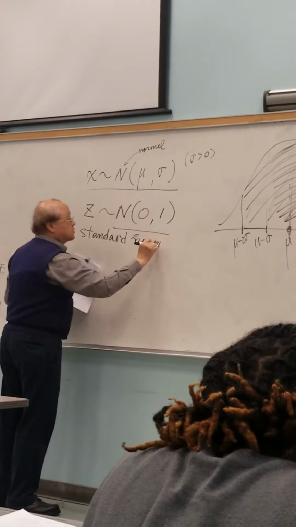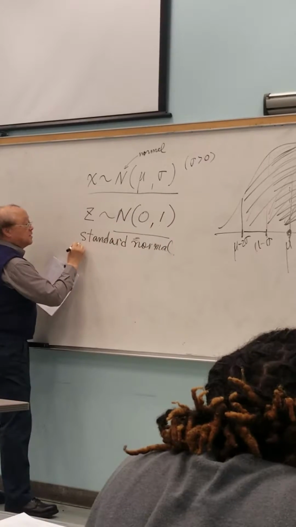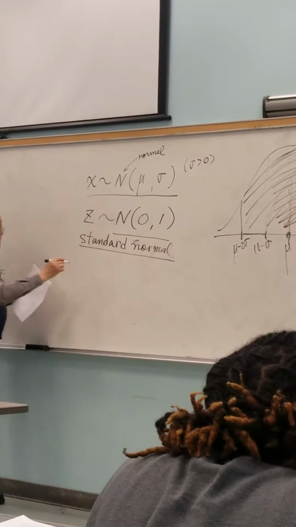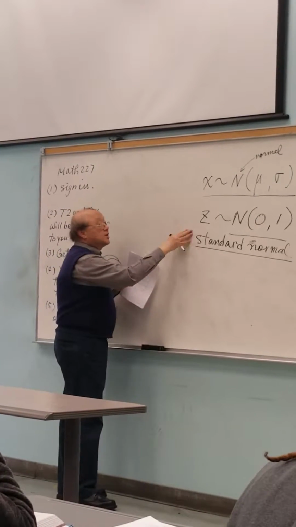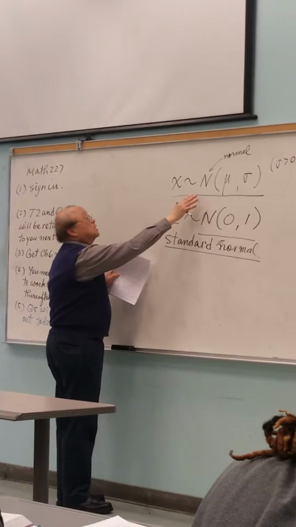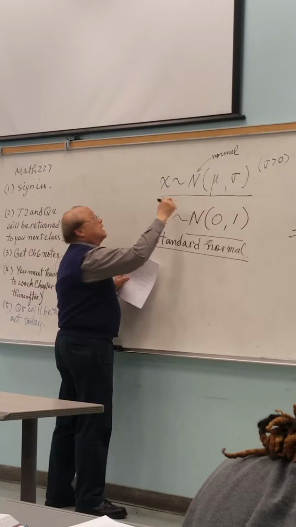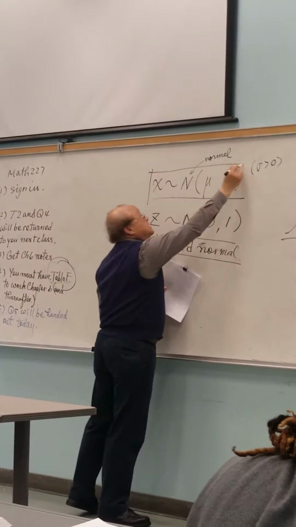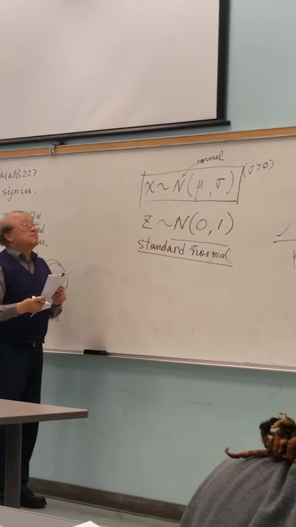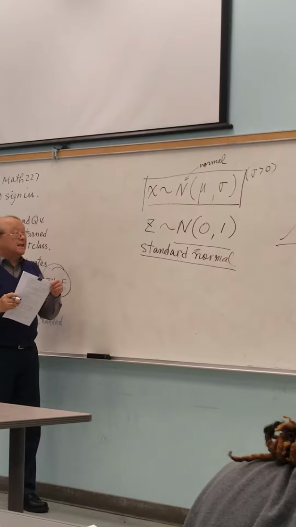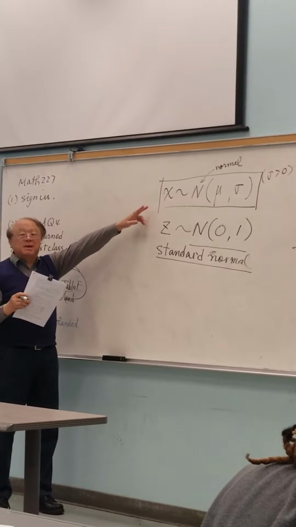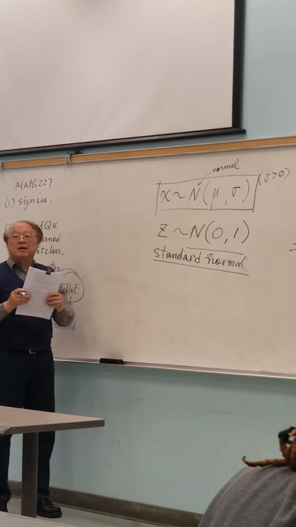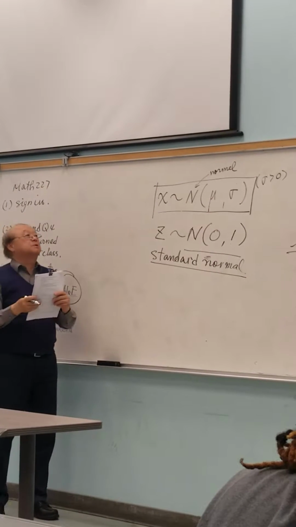Today, let's concentrate on the standard normal. How do you use this table to work a standard normal? Once you understand, then you can work whatever normal. And the normal is a very useful mathematical model for us to study many real-life populations. Why? Because many real-life populations roughly follow a bell-shaped distribution.